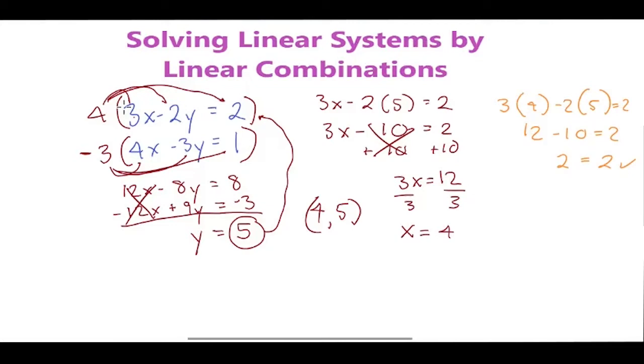My next equation, if I plug in 4 times 4 minus 3 times 5 equals 1, that's 16 minus 15 equals 1. 16 minus 15 is 1. 1 equals 1. Check. So the solution is (4, 5).